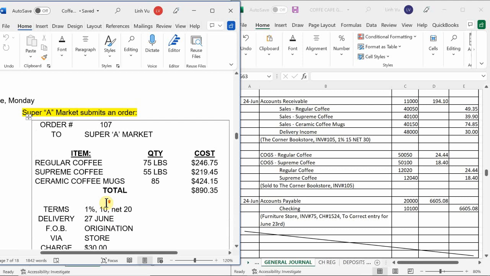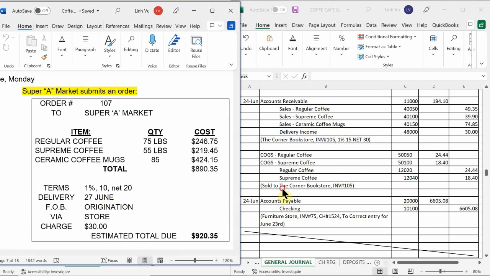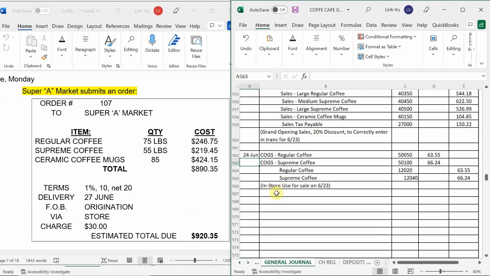So, what do we do with this transaction? We received money for services that we haven't done yet, right? Because this is not scheduled until June 27th to be delivered.